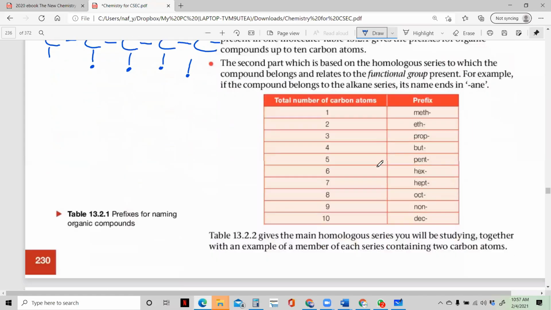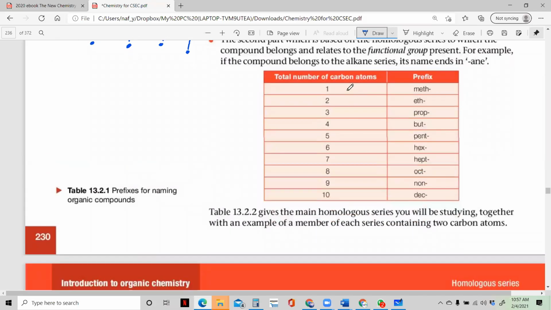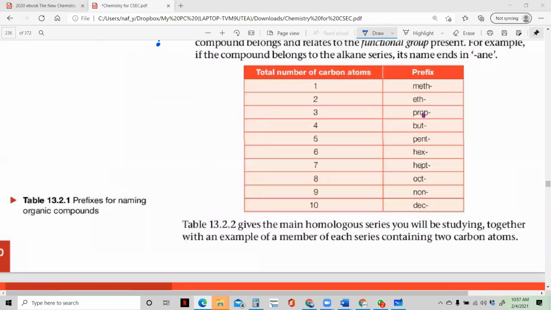So let's go. If my specific organic compound has one carbon atom, then we use the prefix meth. If it is two, we use eth. If it is three, then we use prop.